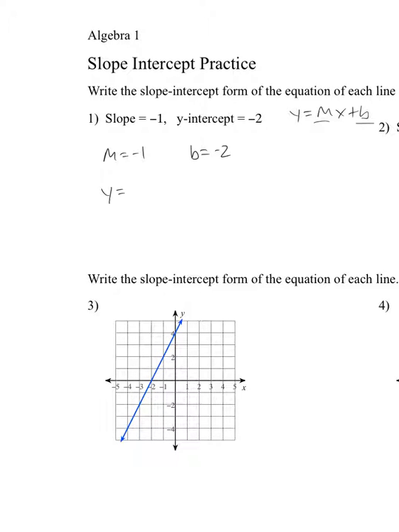So y equals mx plus b, substituting -1 for m and -2 for b. Guys, when we simplify and get rid of our parentheses, -1 times x is -x. And then plus -2, rather than write plus -2, let's just write that as -2. So that is our equation in slope-intercept form. Slope -1, y-intercept -2.